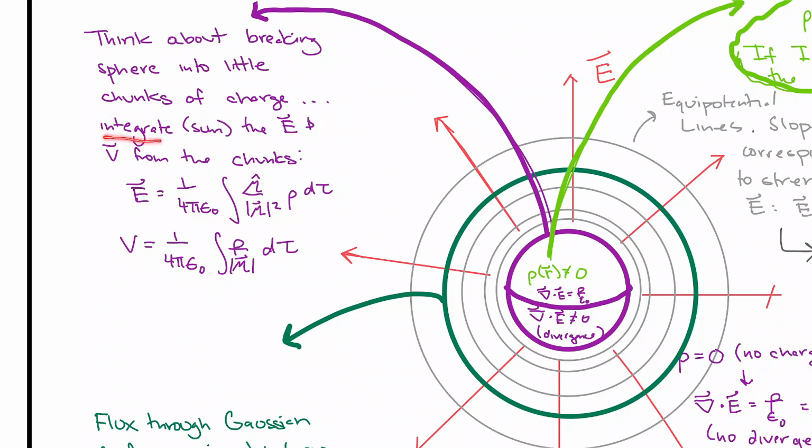Then I'm going to integrate, which, remember, is the same thing as doing a sum, but the things you're summing over have been shrunk to being infinitesimally small. I'm going to sum the electric field and the potential from those little chunks of charge. So you can think about it as tiny little chunks with their own little charge. I'm going to treat them like point charges, but go around and sum the effects of all those little point charges at a particular point in space.